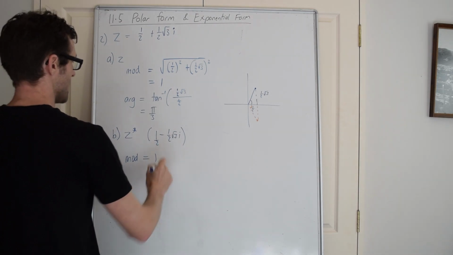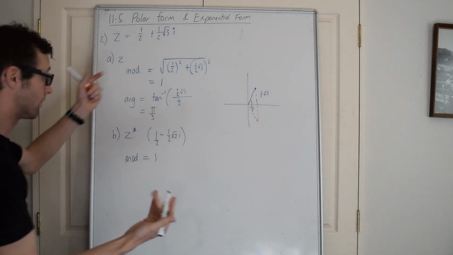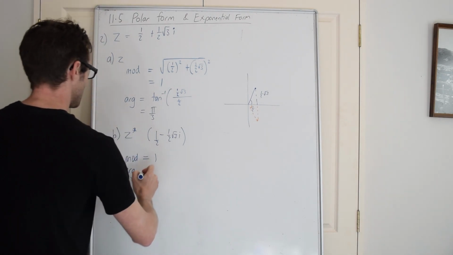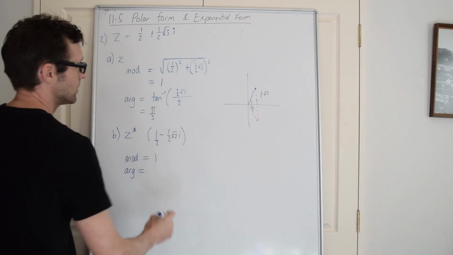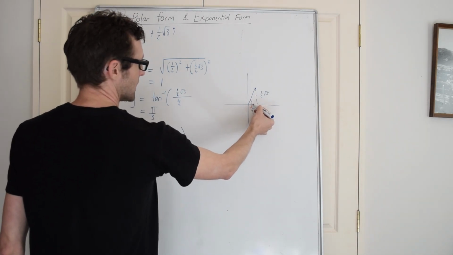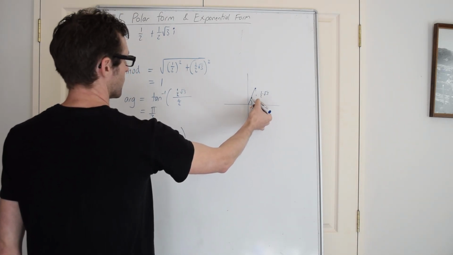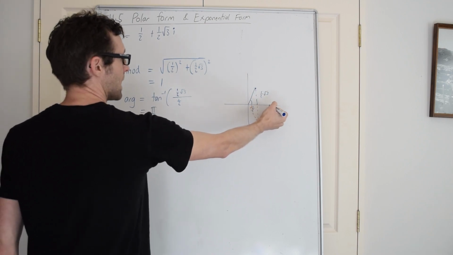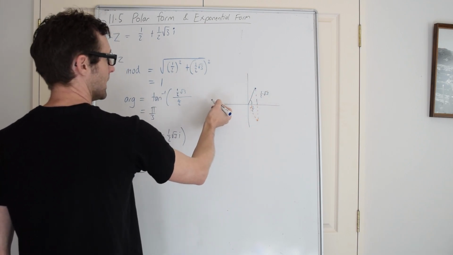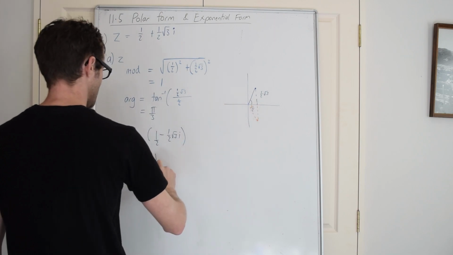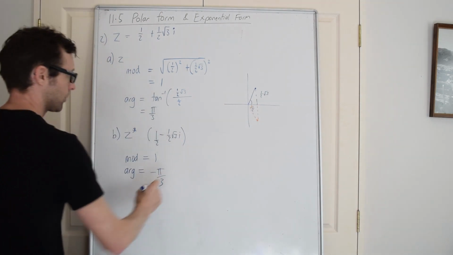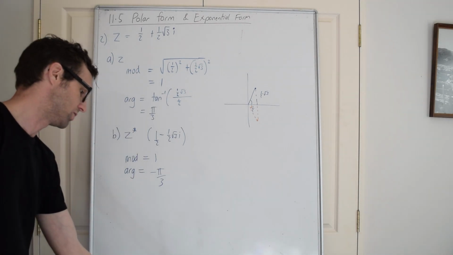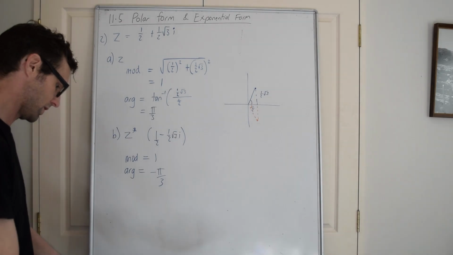So modulus is 1, and you can put these numbers in there and do it if you want, but it's exactly the same. And you should be able to see also that your argument is going to be, if this is a positive pi over 3, remember we go from 0 to pi that way, we go from 0 to minus pi this way, so this must be negative pi over 3. I could put all of my values in the calculator and do that, but I don't really see any point in wasting my time.